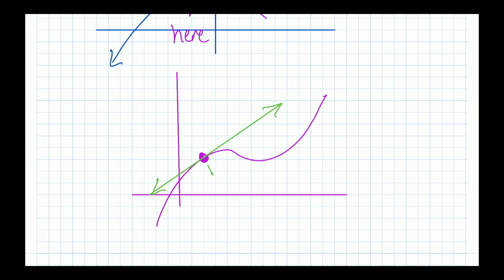And right here, the slope of the line and the slope of the curve match if it's a tangent line. So just keep that in mind when you're graphing these. But you don't have to get it perfect, you just have to get it kind of close when you're graphing them for the computer.